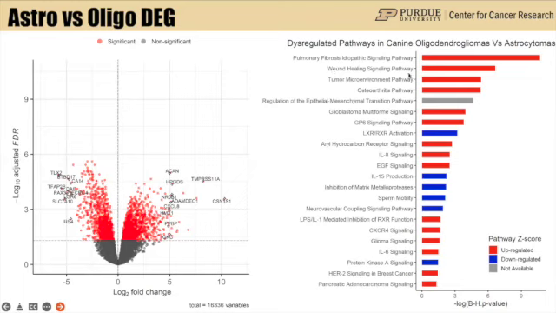the wound healing pathway. There's the tumor microenvironment pathway, which had a lot of immune suppressive genes that are upregulated in oligodendroglioma. And here we've colored these bars by the pathway Z-score, which is basically whether the pathway is upregulated in oligodendroglioma relative to astrocytomas or downregulated.